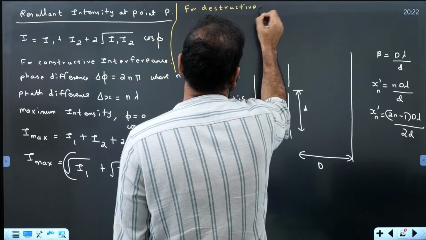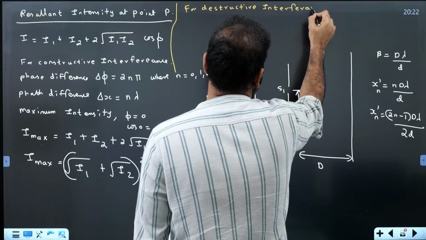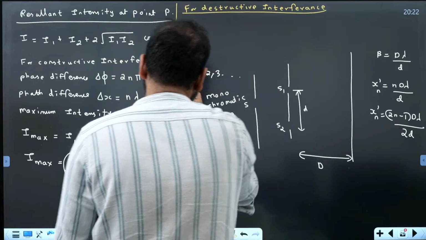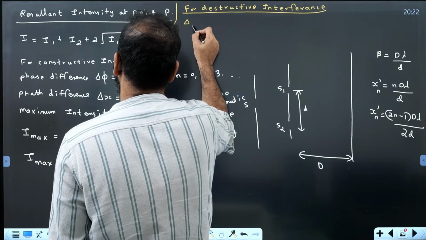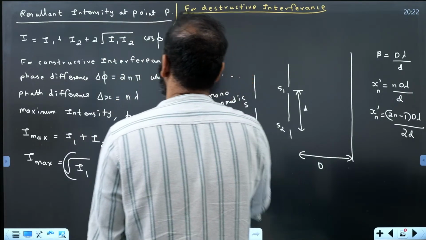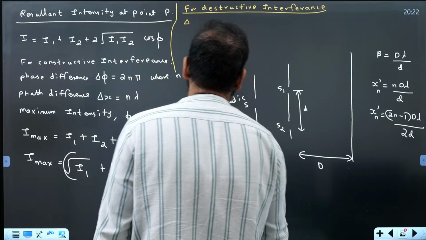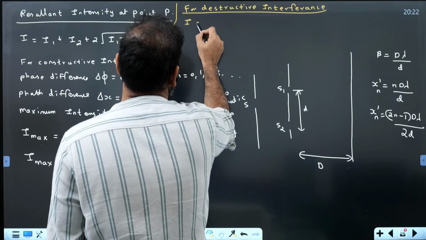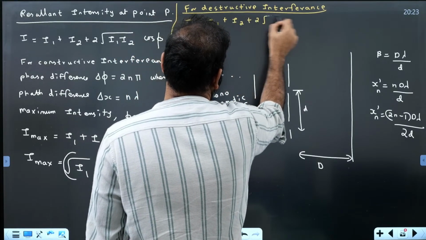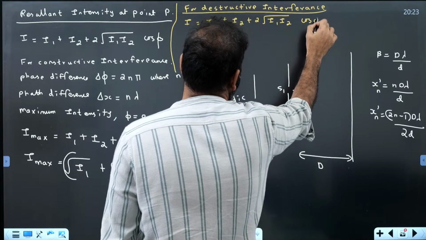What should happen for destructive interference? The intensity equation is same. What is the intensity equation? Let me write it one more time. I1 plus I2 plus 2 root I1 I2 cos phi only. Cos phi is outside the root.